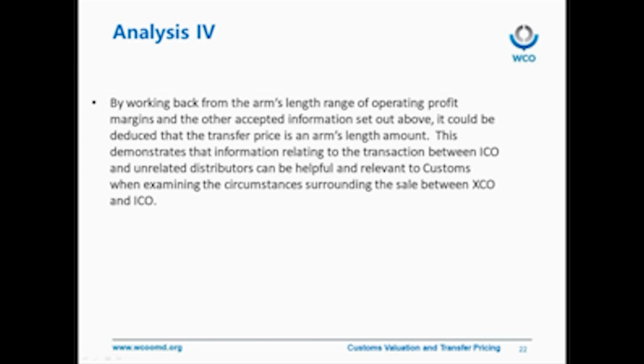So we found all kinds of information in the TP studies, and we found this information is very useful for customs to determine whether the price is settled according to the normal commercial practice.